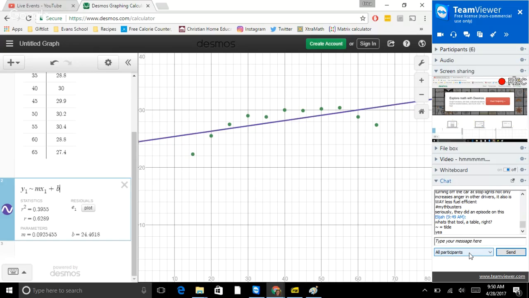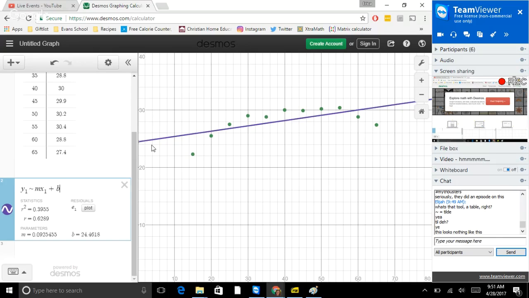Tilde? I think that's right, actually, tilde. I've heard that before. Okay, so what this says is I want you, Desmos, to approximate a line. We gave it a line, mx plus b. Approximate the best fit line that meets my data and uses my table of x sub 1 and y sub 1. This is a terrible fit, right?